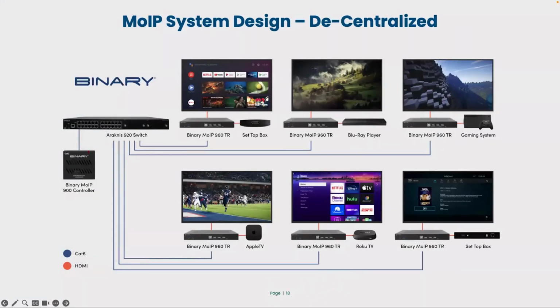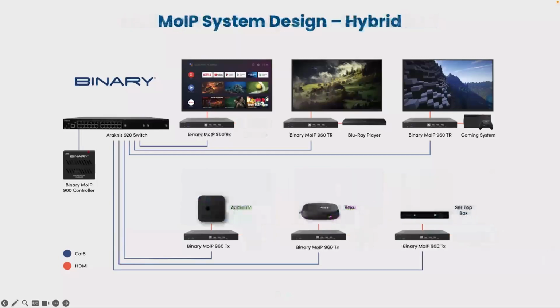This flexibility enables a local source like a Blu-ray player or game console to be introduced into the network for use by other MoIP endpoints, and will ensure that the transceiver is your go-to for traditional or decentralized systems. So this is the power of this system. Sources do not all have to be in the same place. Then again, you also may want to go with a hybrid approach, which would include some transceivers, some receivers, and some transmitters.